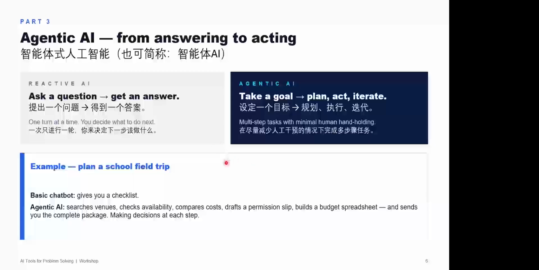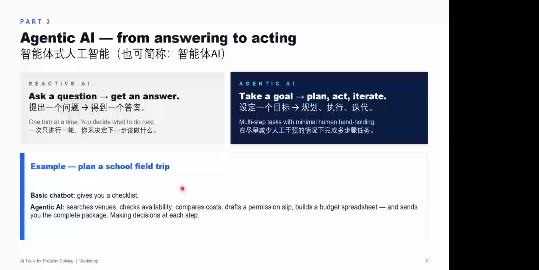But for agentic AI, you don't need to do that. It actually works like a human agent. It helps you search for the venue, track the availability, compare the cost, draft the permission slip, provide you the budget, and then send you the complete package. And sometimes it may even help you to pay the money.